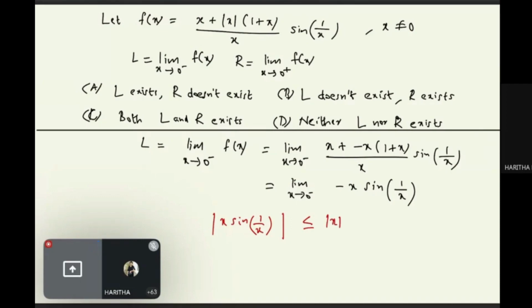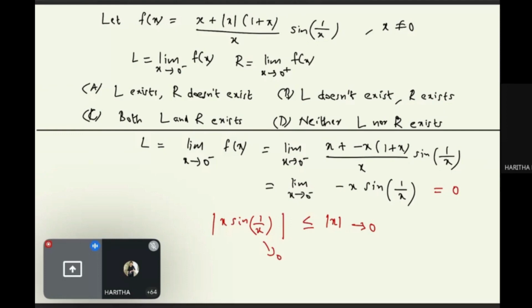So this inequality tells you that as x tends to 0, mod x tends to 0, so this tends to 0. This is one way to say it, or the squeeze theorem, it's the same thing. So this limit is 0, and that means the left limit exists.